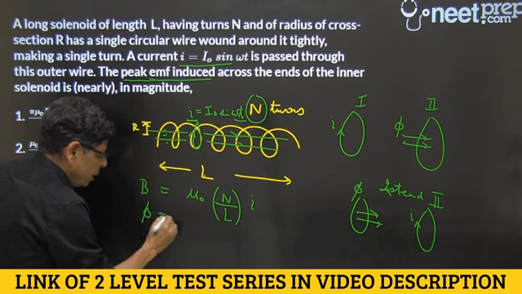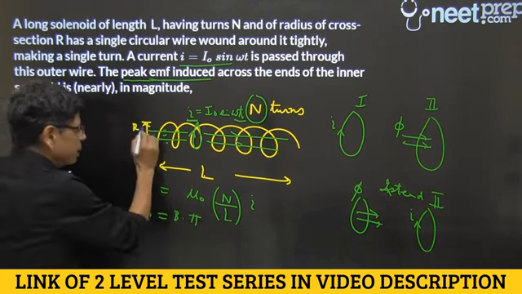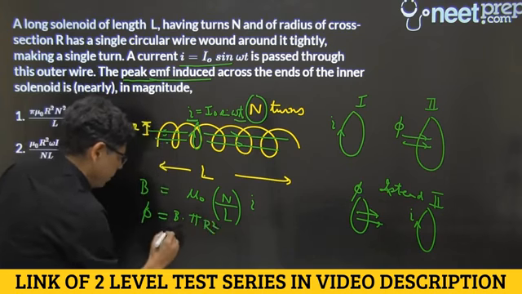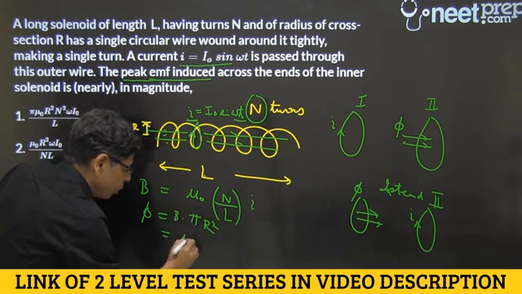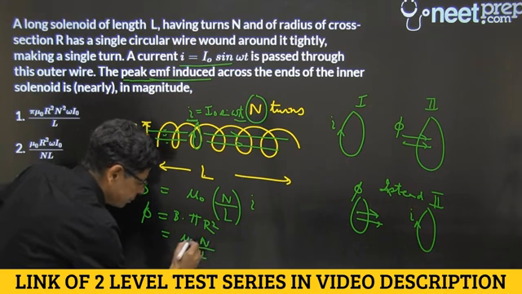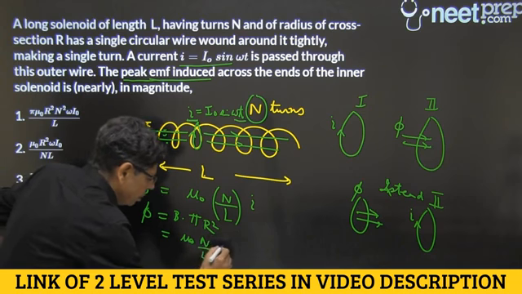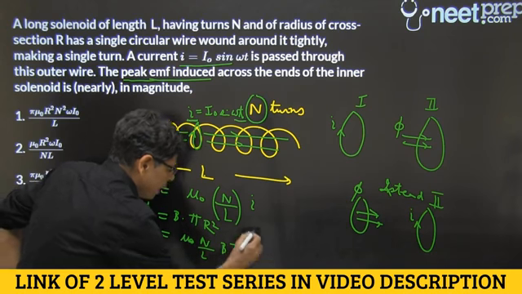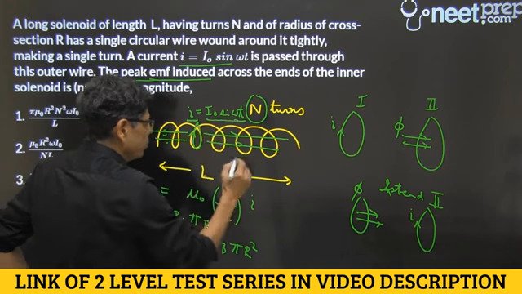So flux is equal to B into pi r square. So substitute this value of B. So we have mu naught N upon L into pi r square multiplied by I. And now instead of writing this छोटा I, उसका value डाल देता हूँ सीधा.